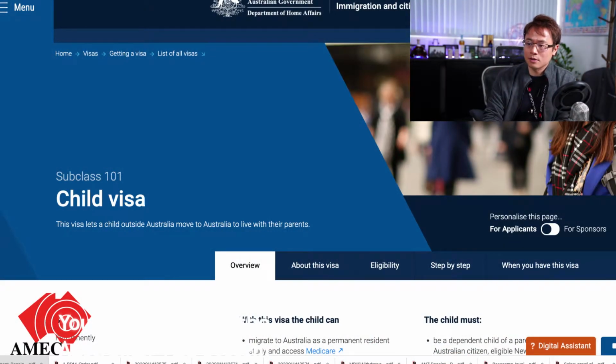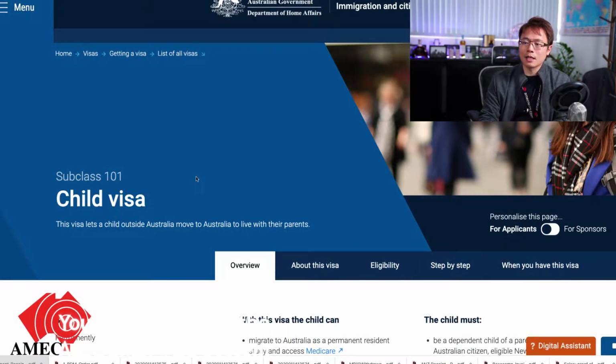So if the family has been involved in divorce, remarriage, stepchildren, and step parents and things like that, generally a child visa will be invoked in order to bring the dependent child or children into the country.